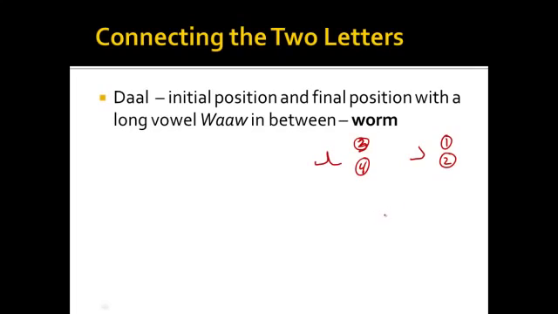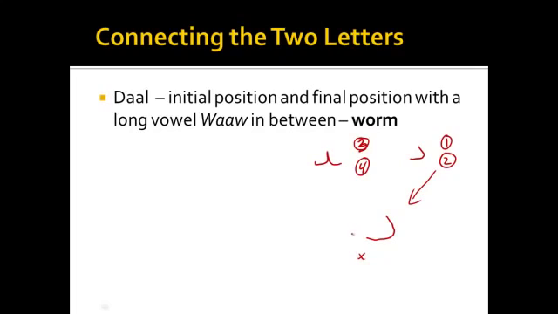Now, in the word that we had at the beginning on our objective slide, we had the word for worm, which is dood. So you hear the daal at the beginning. So that's the initial position. So we're going to write the daal like that. It's the initial position. And then we have the waw. Now the daal does not connect to what comes after it, but it does connect to what comes before it.